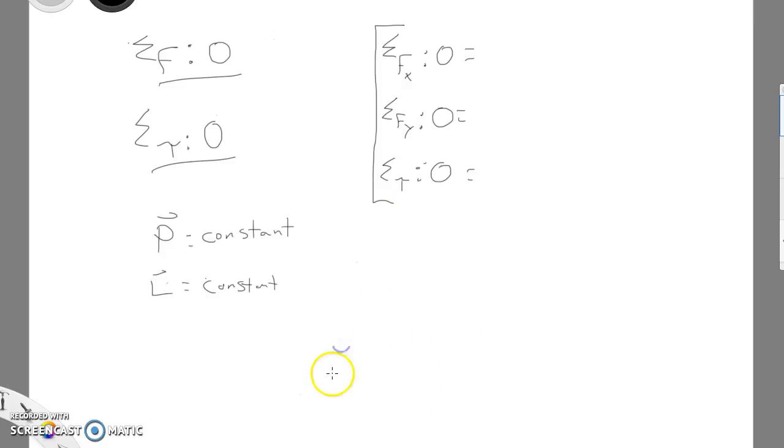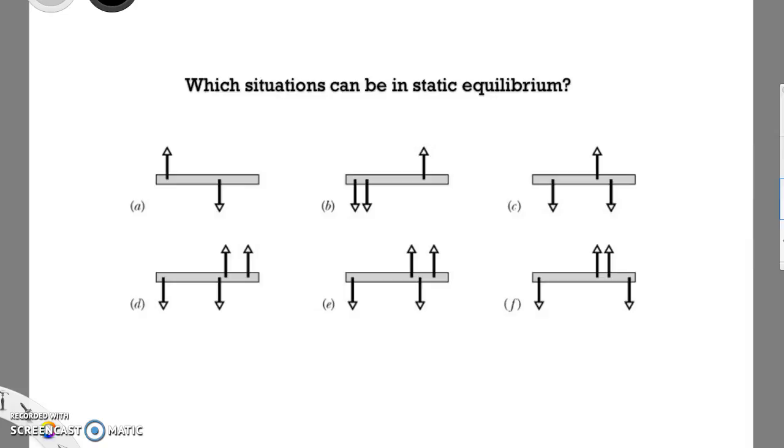The key to this chapter is these three equations and being able to draw a free body diagram. So we're going to first look at a situation in which we have these beams with forces acting on them.